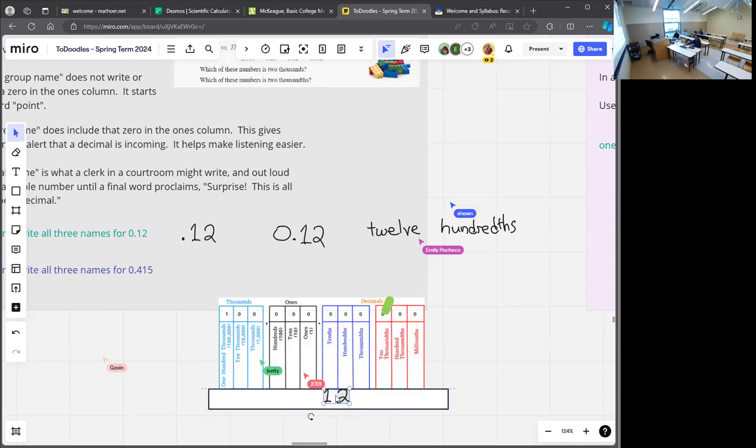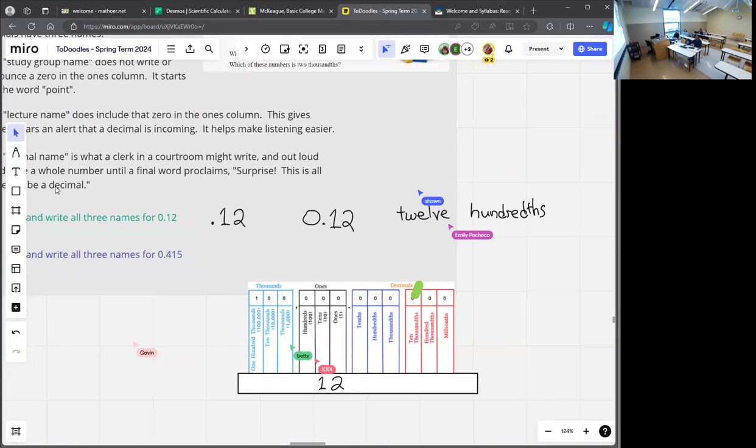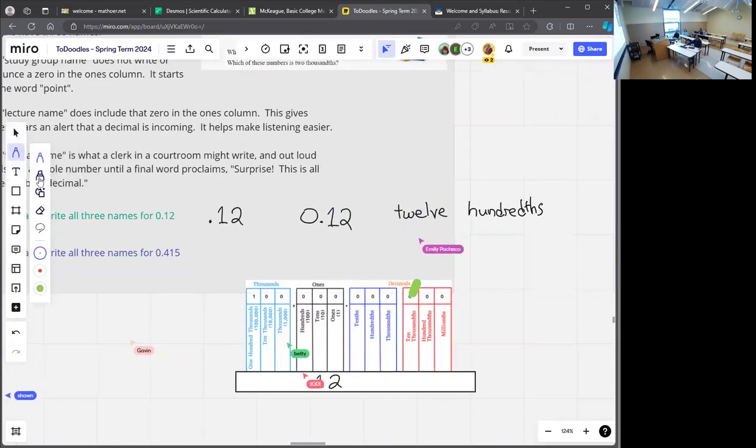Okay, now I have the book. Come on. And I think that is disconnected. There we go, okay.